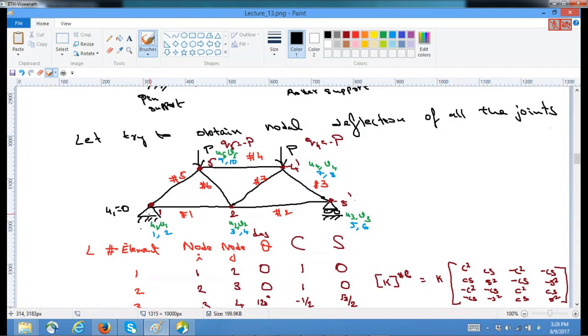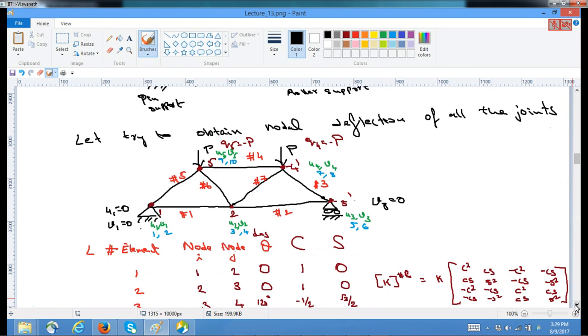Because this is also a pin support, v1 is 0. Since this is a roller support, the vertical displacement is constrained and the horizontal is unrestricted, so v3 is 0. Constraining u1, v1 and v3 arrests the x degree of freedom and the rigid body motion along the y direction. Together these also constrain the rigid body rotation. So these three help us make the structure stable.